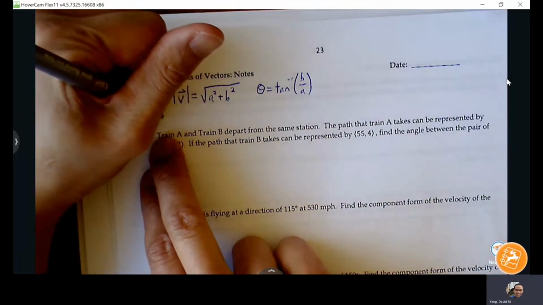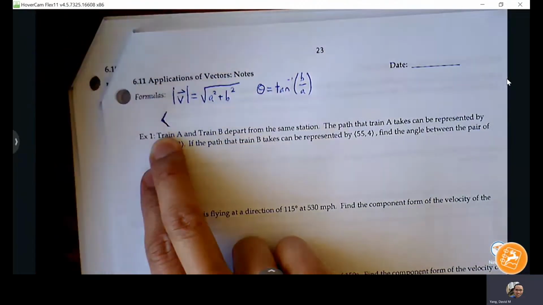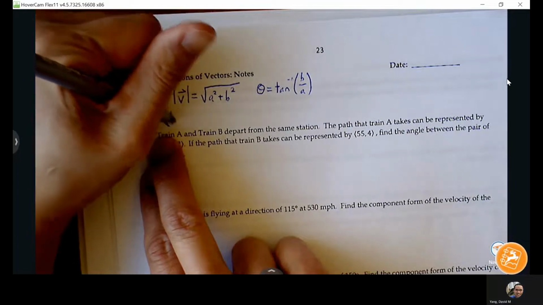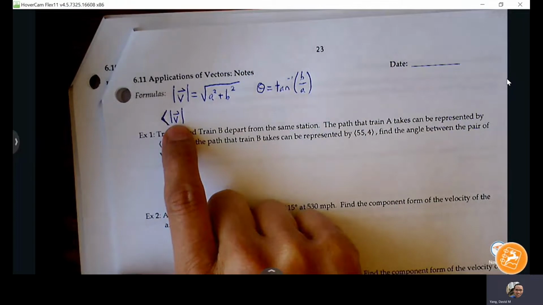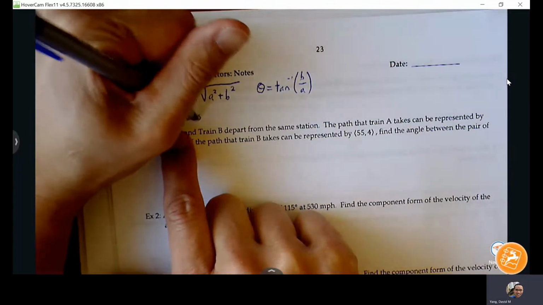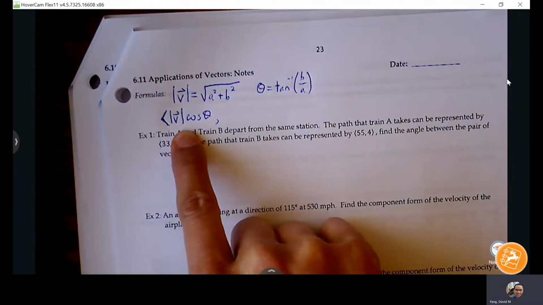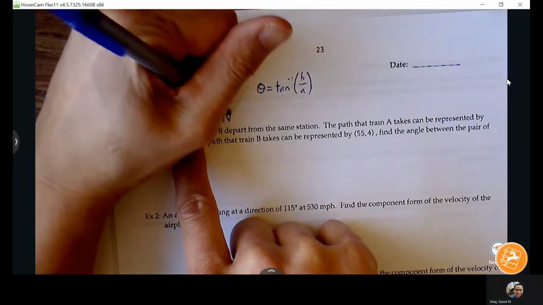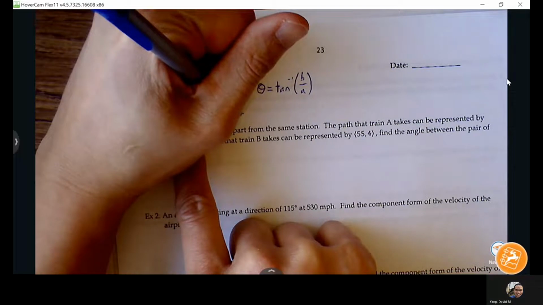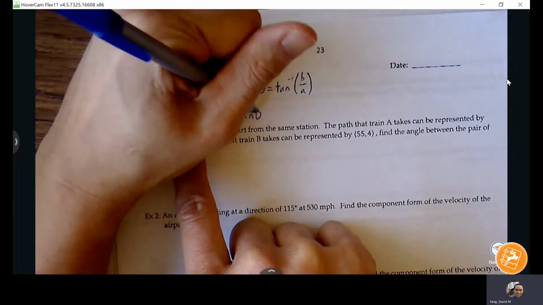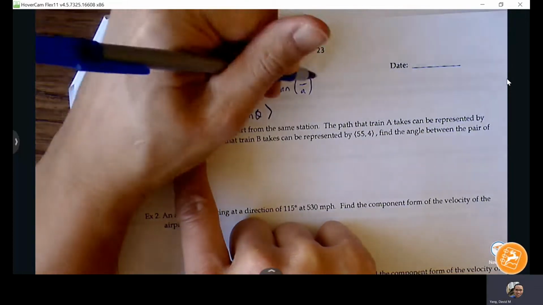We also have component form, which we will use a lot. The magnitude cosine theta will be the horizontal component. Hypotenuse, or magnitude, sine theta gives us our vertical component.